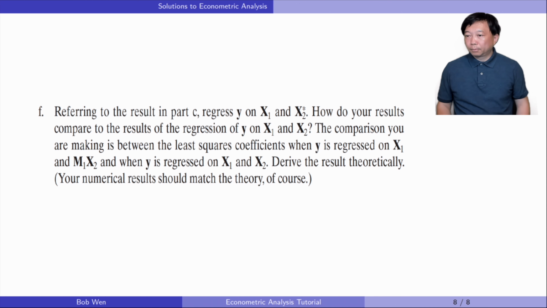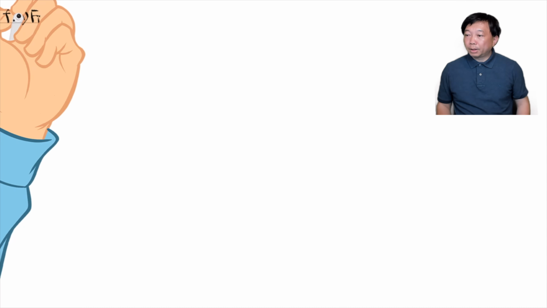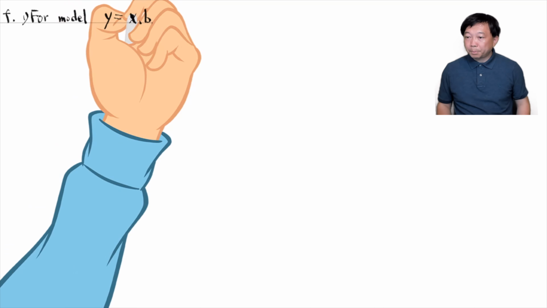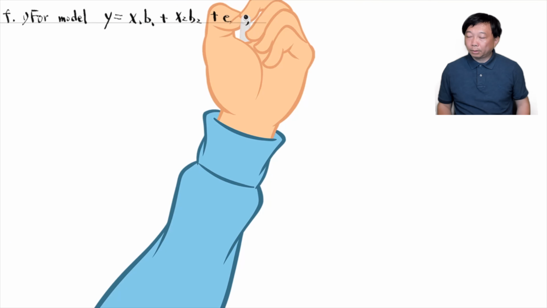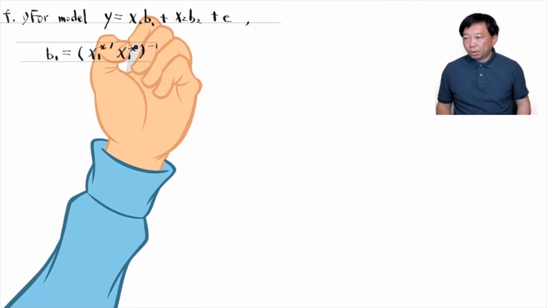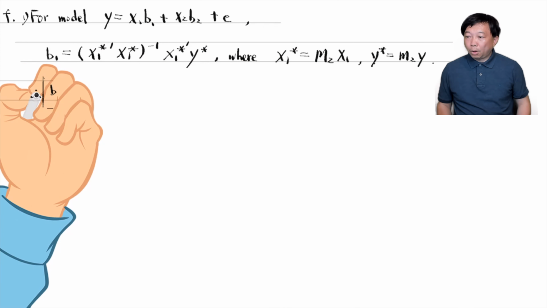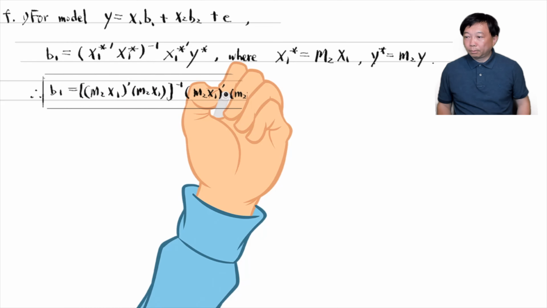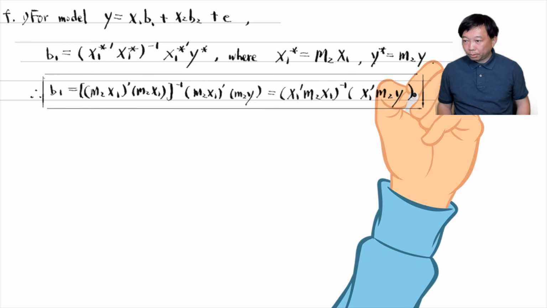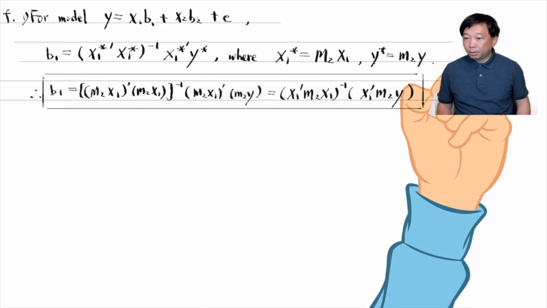In Part F, we will compare the coefficient estimates from different models. The first model contains two sets of explanatory variables, x1 and x2. According to the Frisch-Waugh-Lovell theorem, the OLS estimator B1 in the multiple regression equals the estimator in the simple regression of the transformed y on the transformed x1.